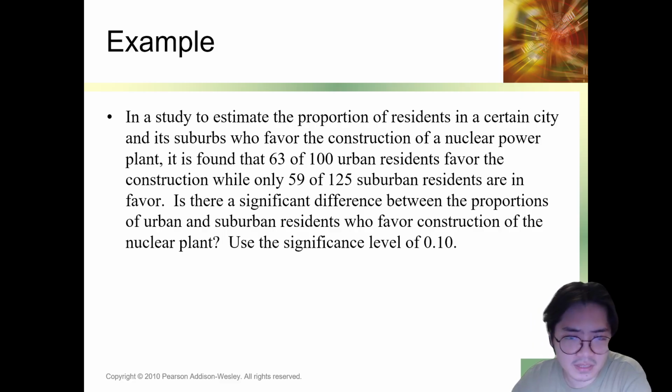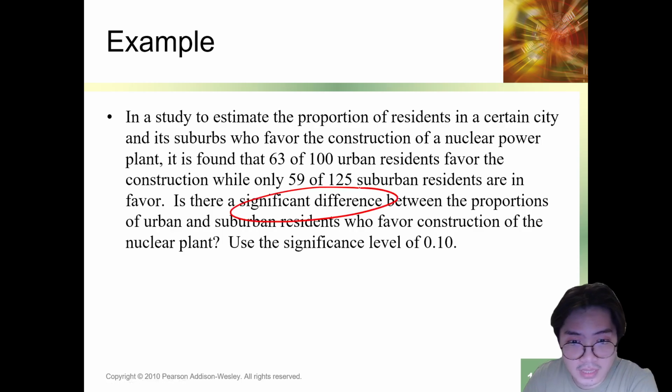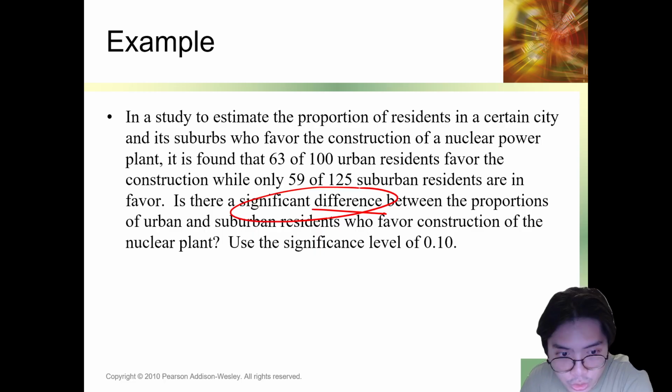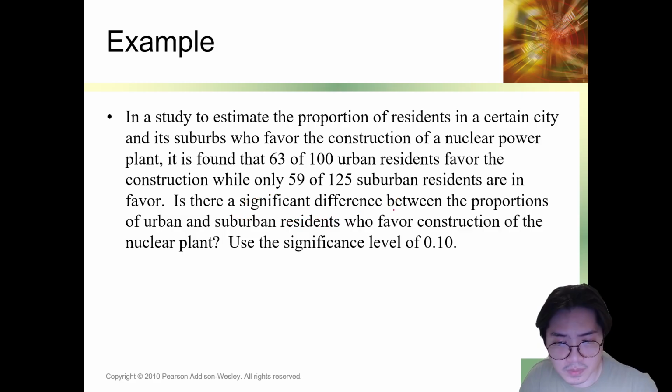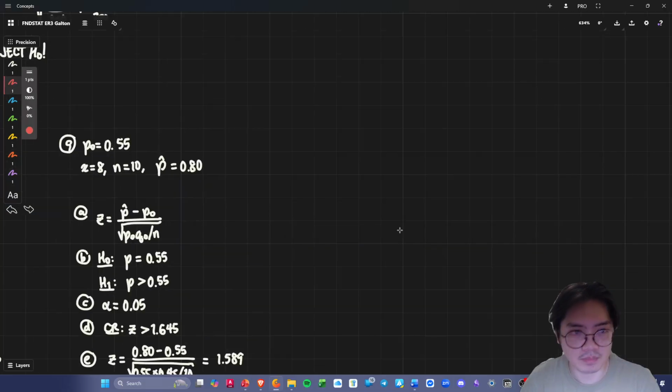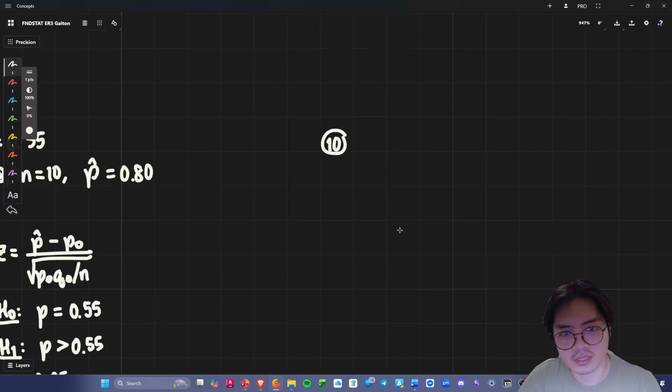Is there a significant difference between the proportions of urban and suburban residents? Notice they're not saying one is bigger than the other, it is just for differences in proportion. Use a significance level of 10%. Let's write that down first.